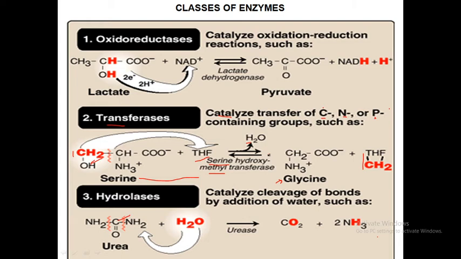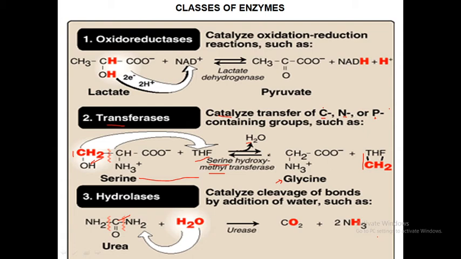Understand, transfer of a group is from one chemical species to the other. So kinases bring about the transfer of a phosphate molecule. From where? From ATP to the other molecule.